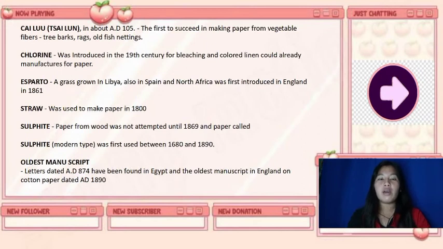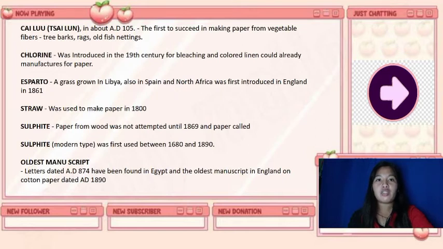Tsai Lun, in about 105 AD, was the first to succeed in making paper from vegetable fibers, tree barks, rags, and old fish netting. Chlorine was introduced in the 19th century for bleaching, and colored linen could already be used by manufacturers for paper.